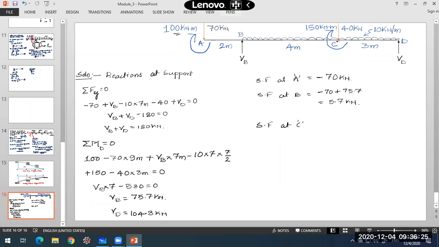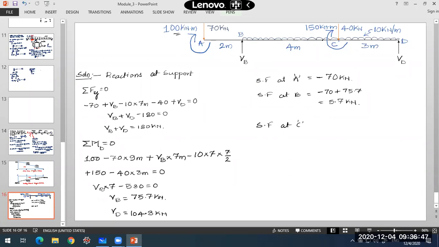Between A and B there was no loading, so only when I cross point B will there be a sudden change. Before I cross point B, it will be the same, minus 70 kilonewton only.